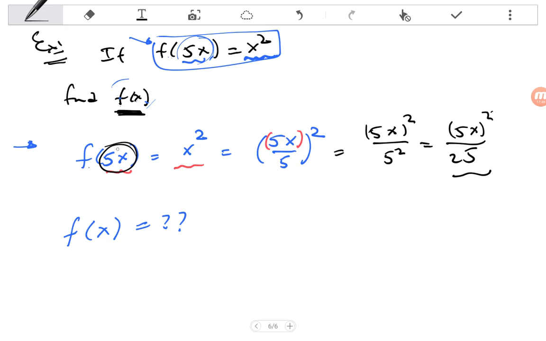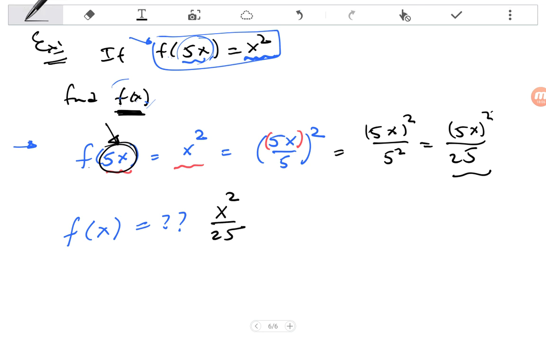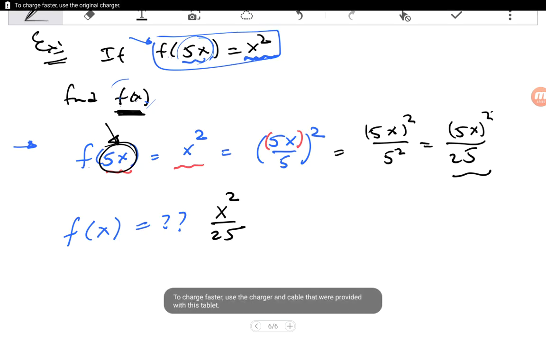So that is the way that f operates on its input. So I can say that f of x will be equal to: it takes that input and squares it, then divides by 25. That's one way to determine f of x from f of 5x.